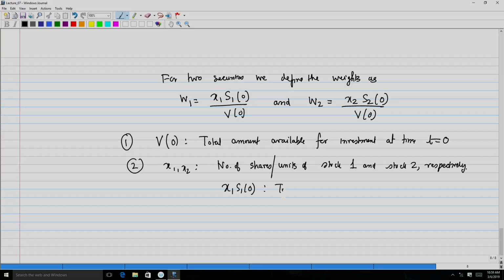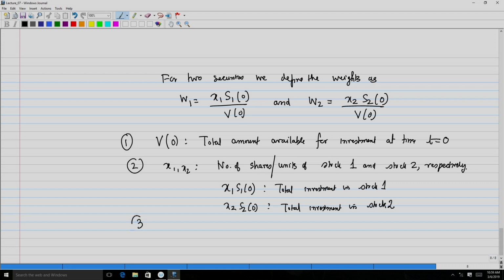So, this is going to be the total investment in stock 1, and x2 S2 0 is going to be your total investment in stock 2.